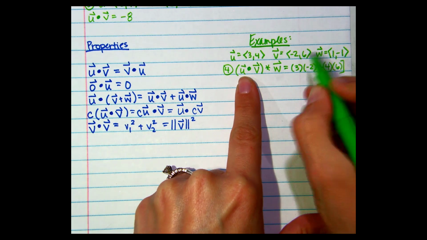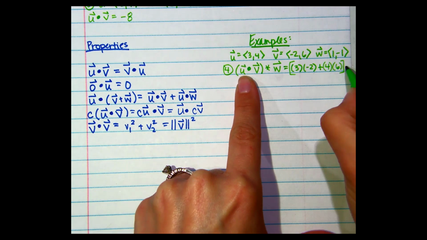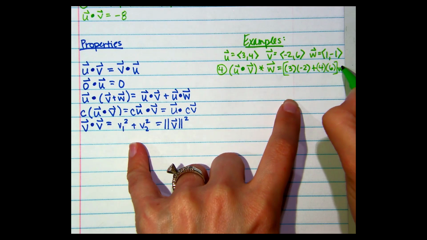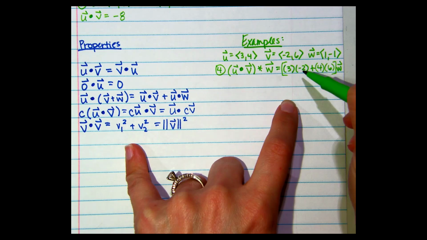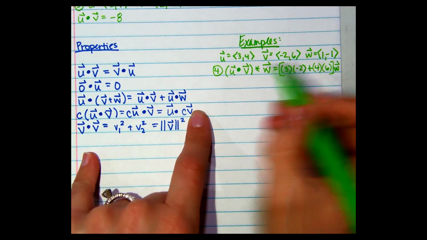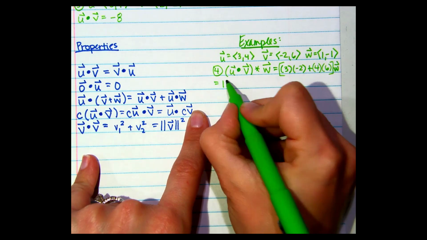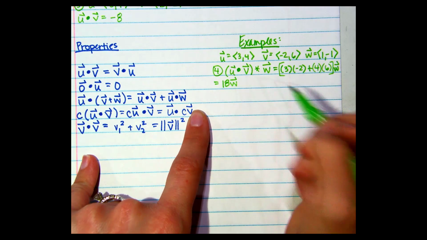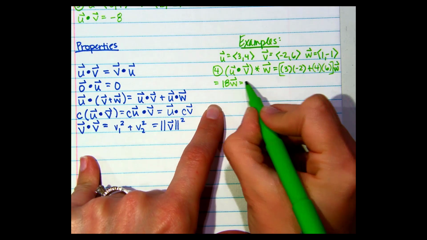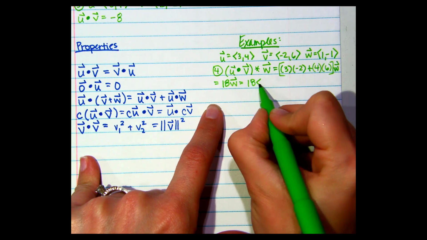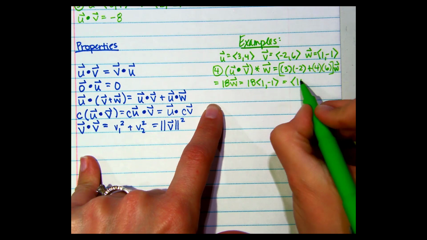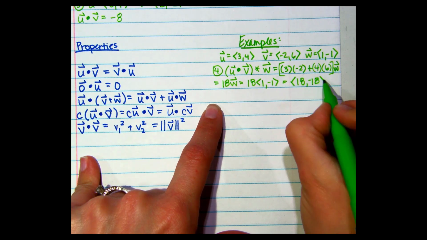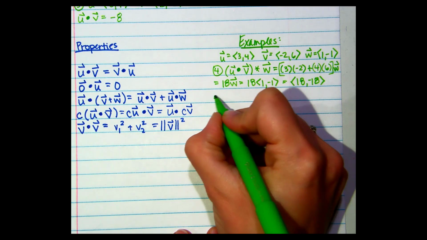And then I'll take that result and multiply it times my vector W. -6 plus 24 gives 18 W. So if I take 18 and the vector (1, -1), that result is going to be (18, -18).